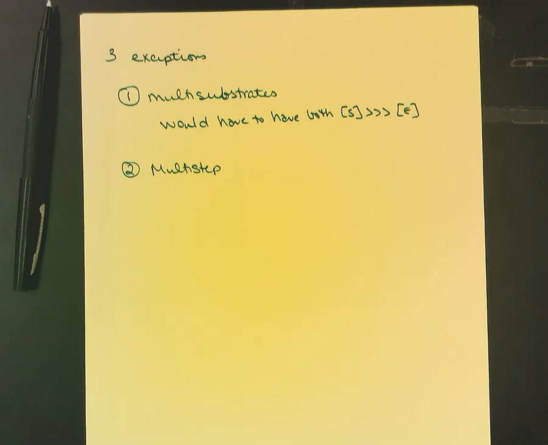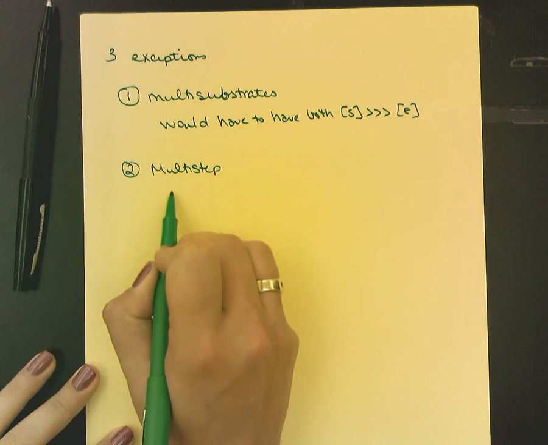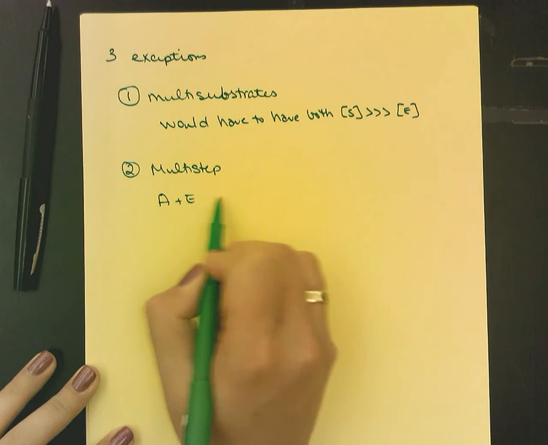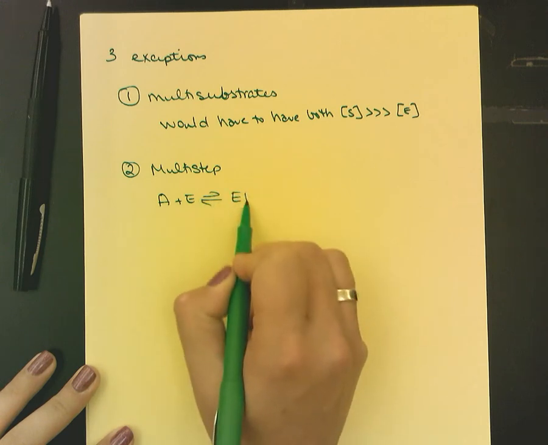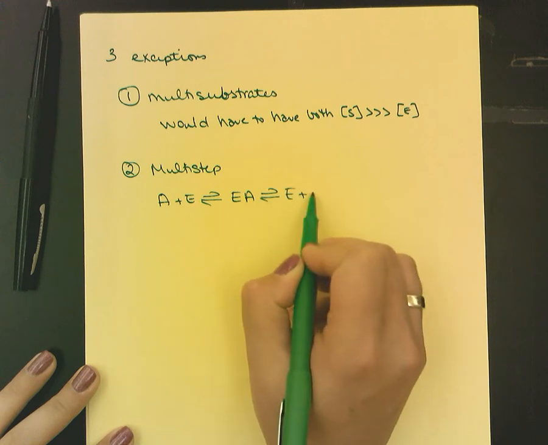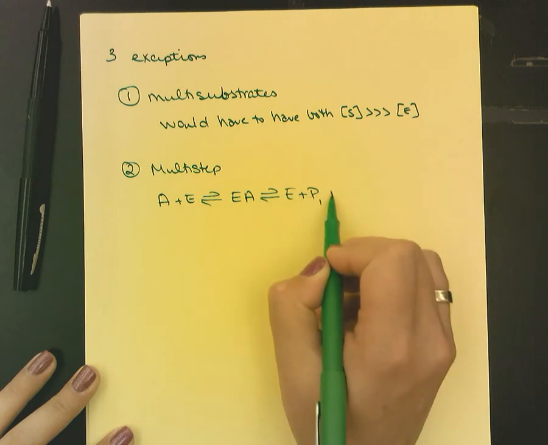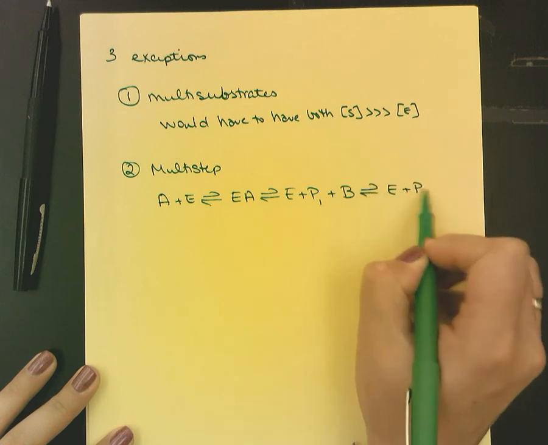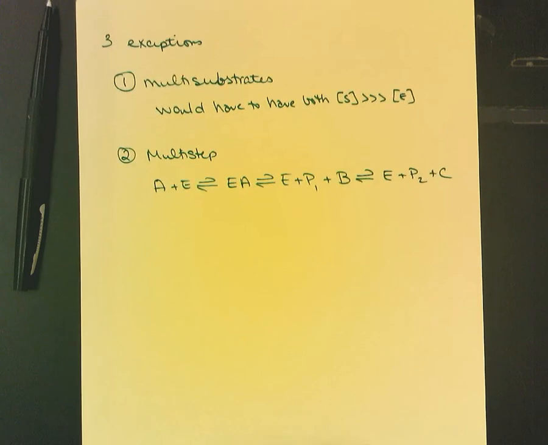In a multi-step equation, where now there's two intermediate steps, maybe more intermediate steps, right?